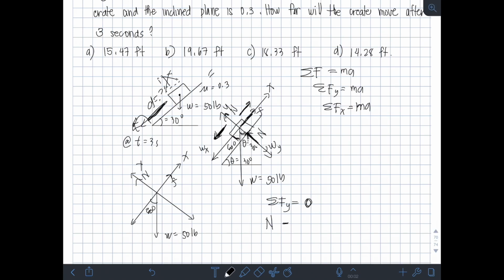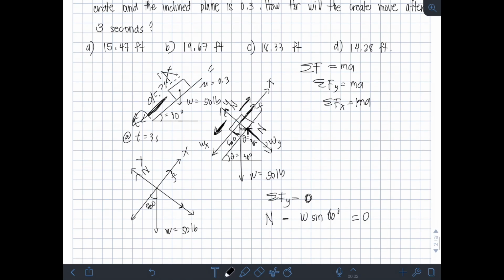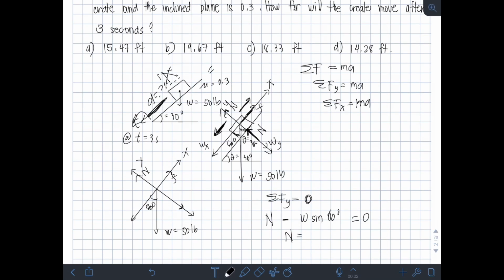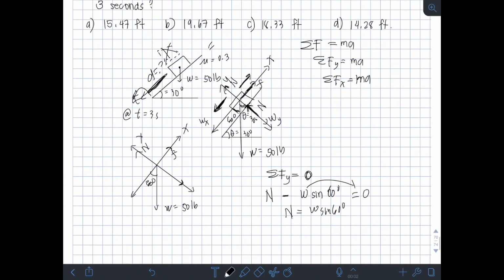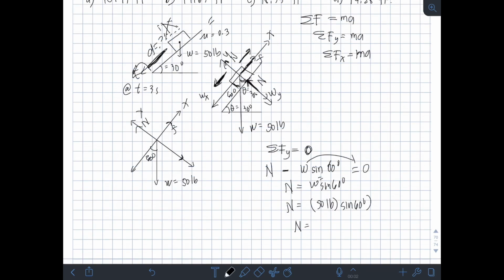And then, negative, etong vertical component ng weight. So, ang formula doon is yung weight times sine nung angle with respect sa horizontal axis ng weight, 60 degree, right? So, wala na. So, equate na sa 0. So, therefore, masasolve natin yung normal force as transpose. So, W sine 60 degree. So, normal is equal to, yung W natin is 50 pound, right? Substitute, then sine 60 degree. So, ilan yun? So, normal force is 25 square root of 3 pound.